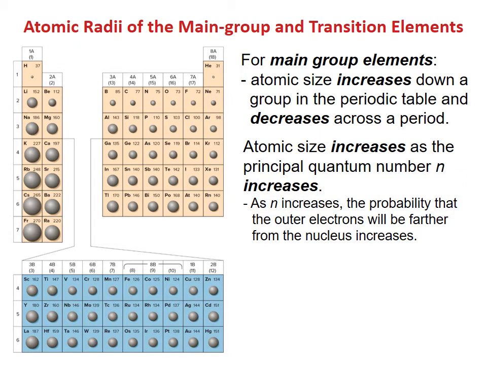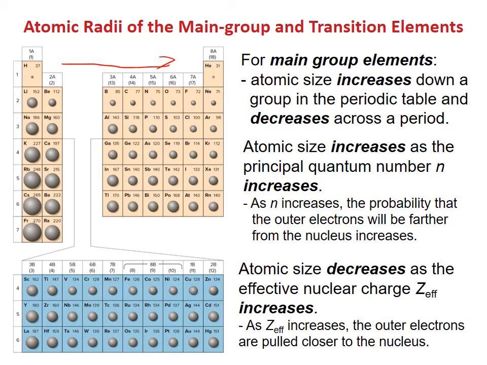Across a period from left to right, the effective nuclear charge increases. For example, lithium has 3 protons, beryllium has 4, boron has 5. So from left to right, the number of protons increases, and therefore the nuclear charge increases. Although the number of electrons also increases from left to right, these electrons are added to the same outer level, in this case, the second level, and the shielding by inner electrons does not change.